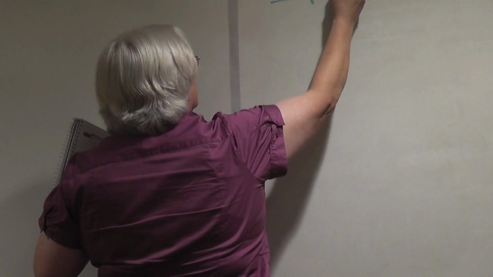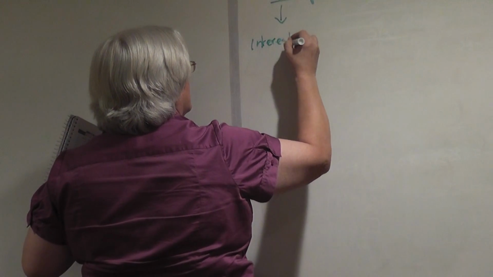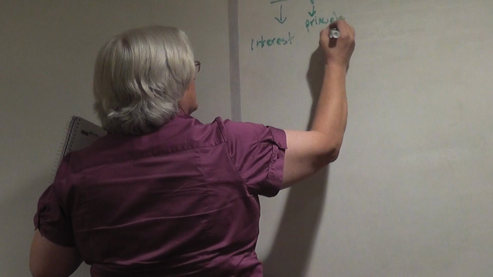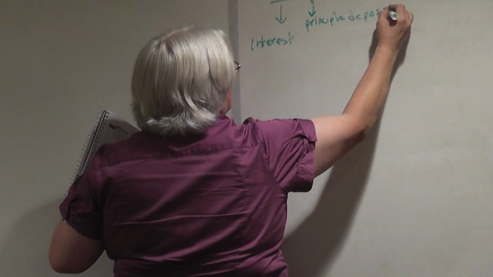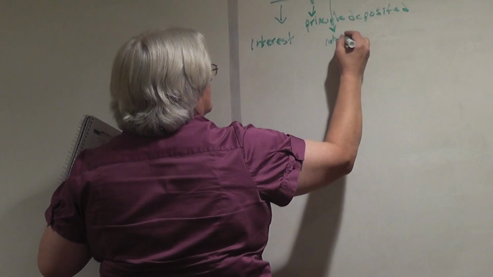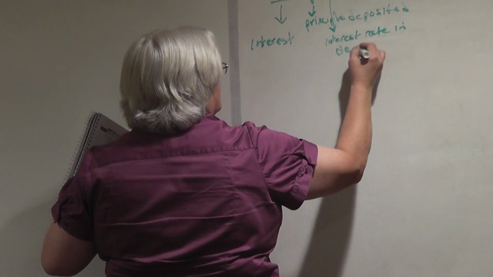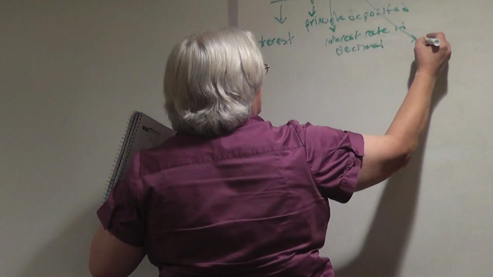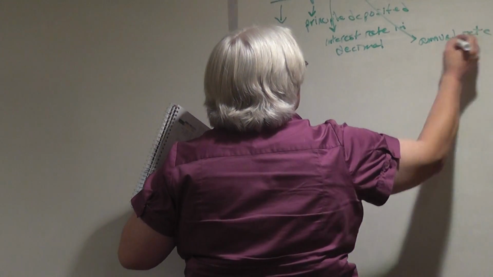Interest is equal to principal times rate times time, where I is the interest earned, P is the principal deposited, rate is the interest rate in decimal form, and the time represents an annual rate, or it's 1 year.